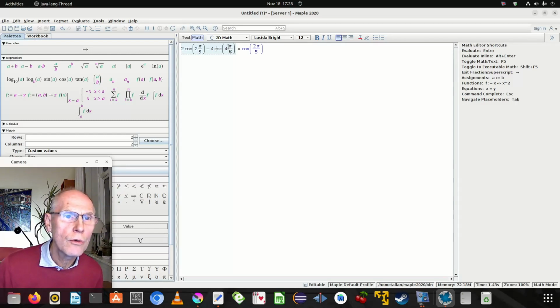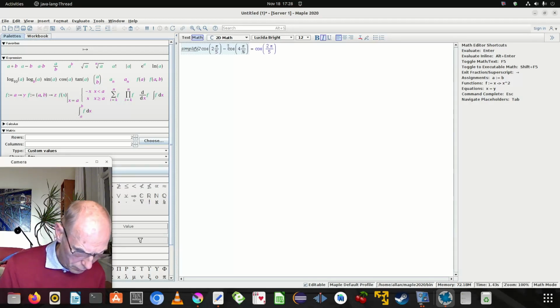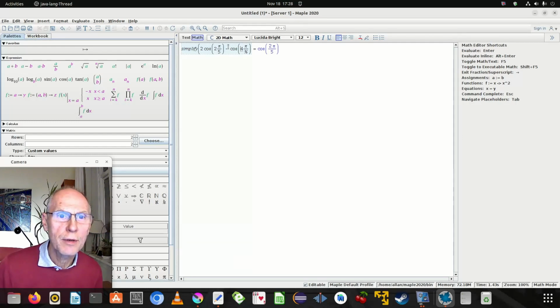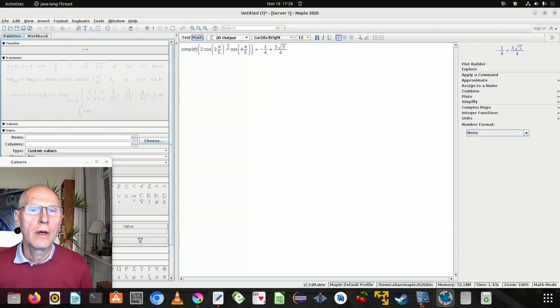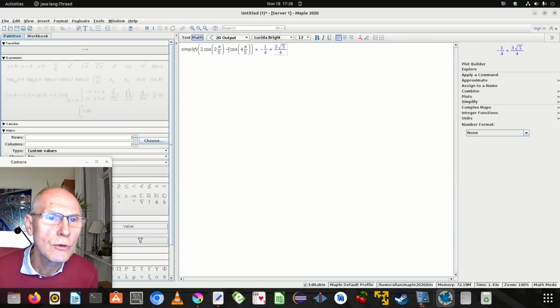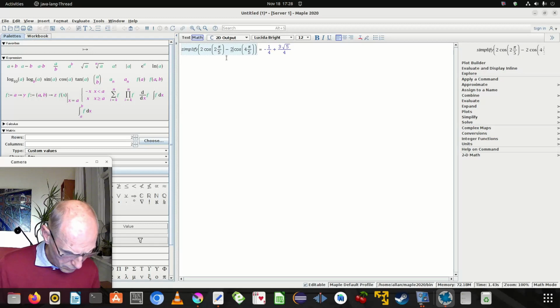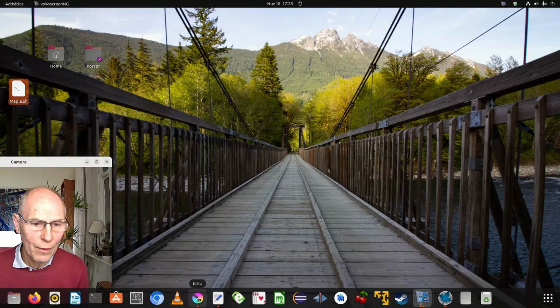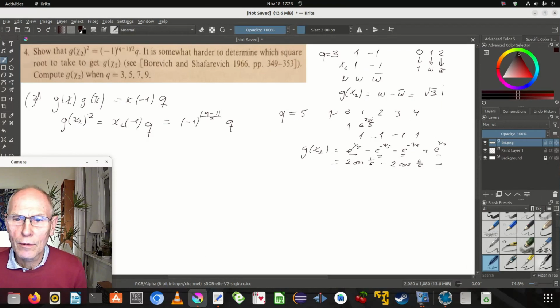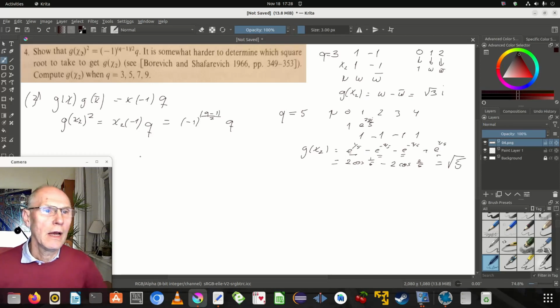It should be 2. Let's see if it can simplify that. It could. And this was, oh, I forgot 2. Square root 5. Lovely. And next 7.